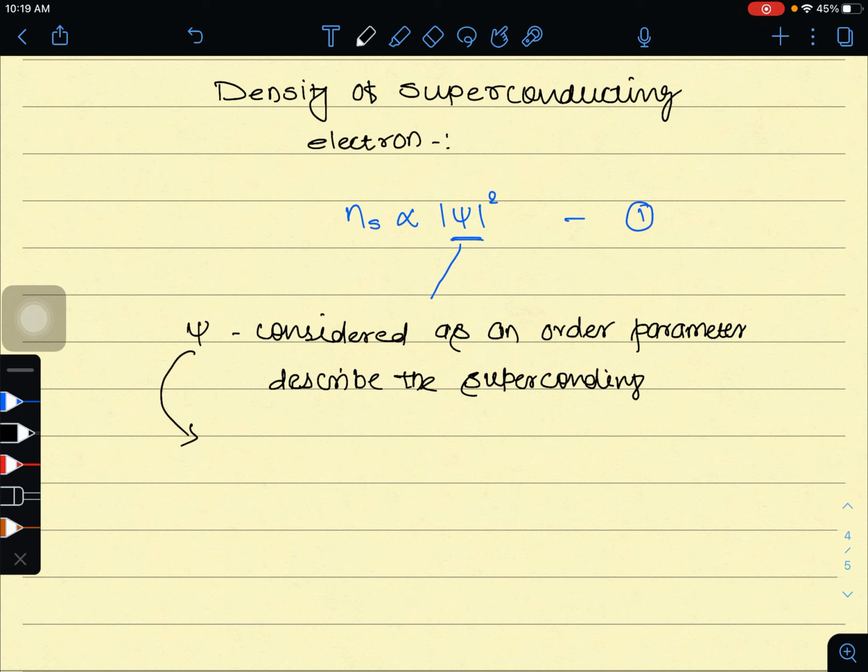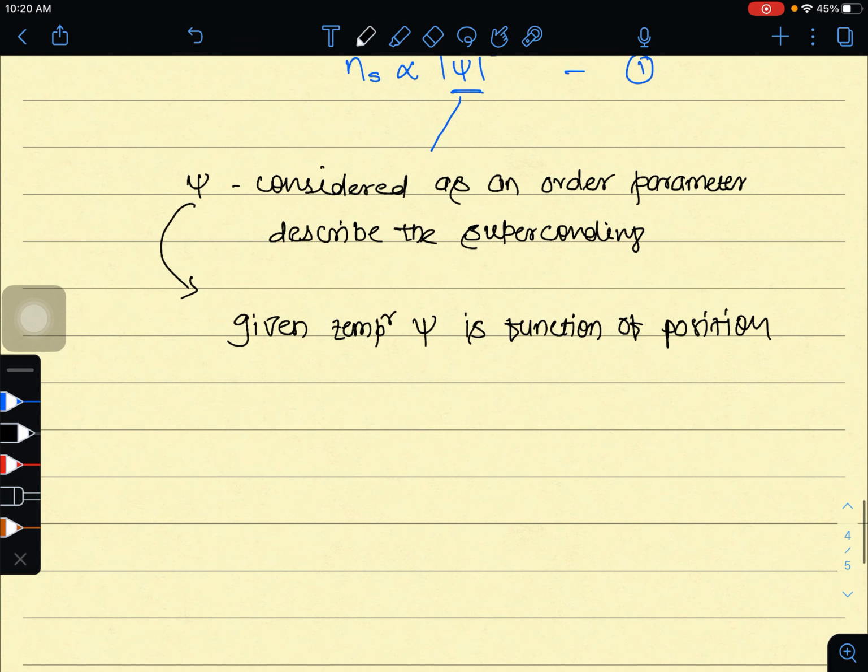For a given temperature, psi, which is a function of position in the material, is not constant.